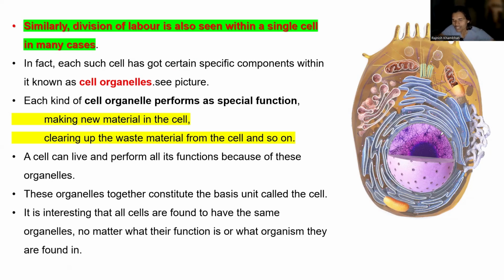Now, what are the functions? We have to see each and every function in detail, so I will not be giving the overview over here. Now, let's read. Each kind of cell organelle performs a special function. Each organelle will be doing one given function only.